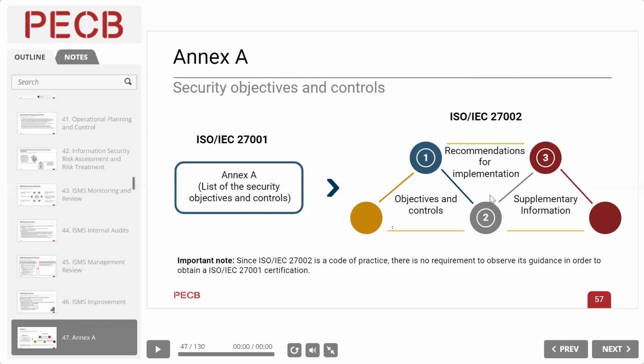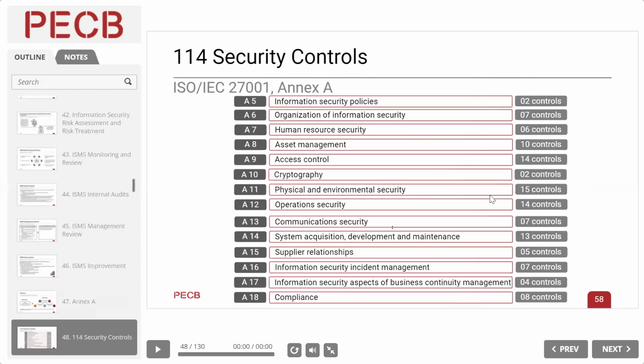So the 114, as I said, are generic, seen as required by all organizations, and seen as minimum requirements.